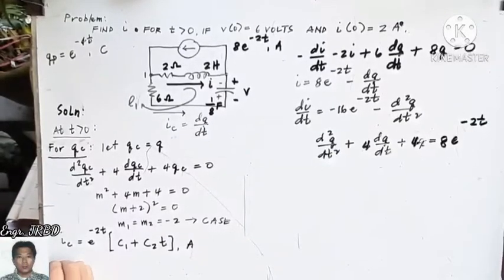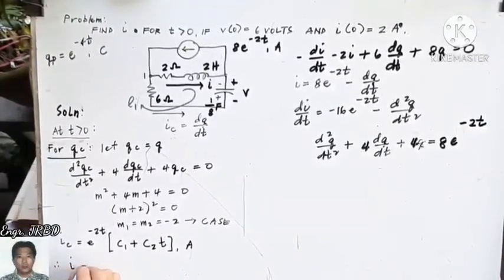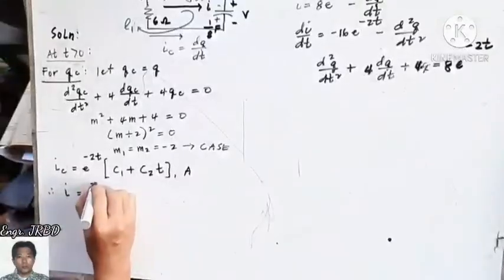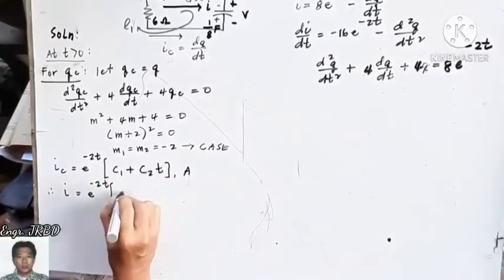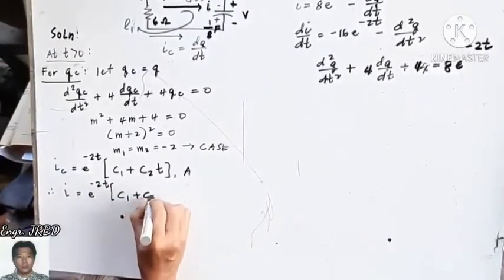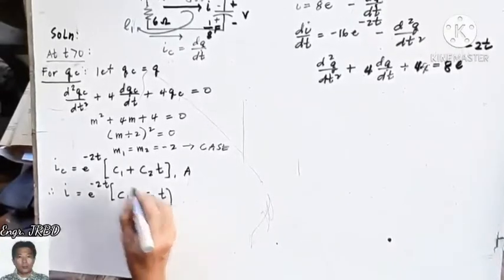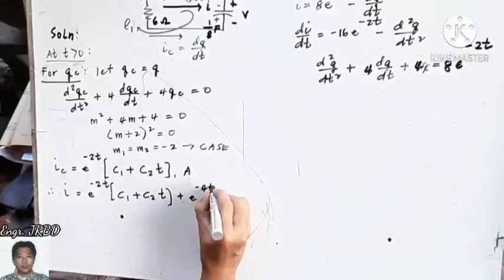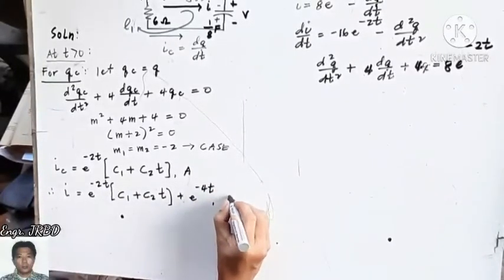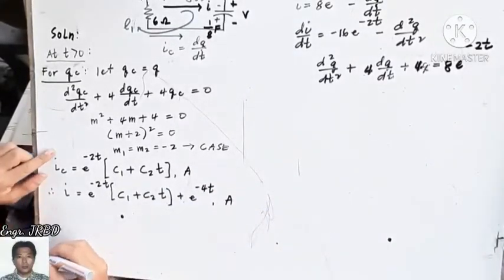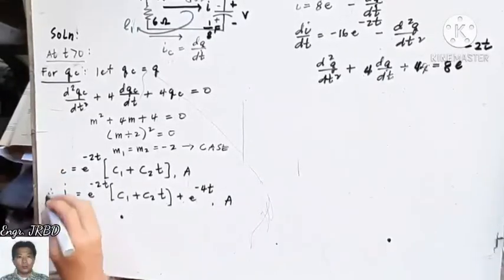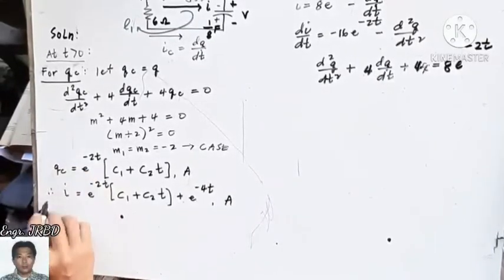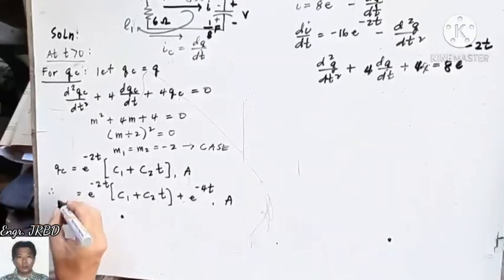So therefore, the transient expression of I is e raised to negative 2t times C1 plus C2 times t plus your IP, plus e raised to negative 4t amperes. Okay? That is not your I, rather. This is your Q.